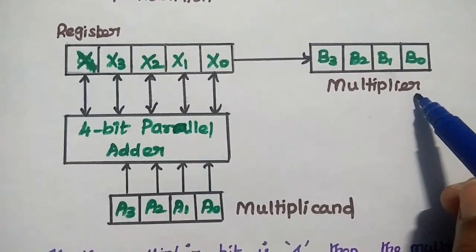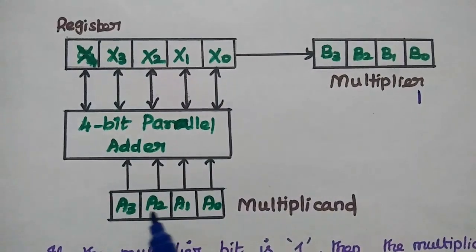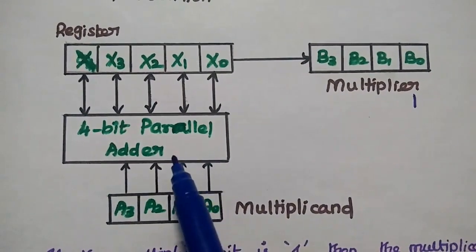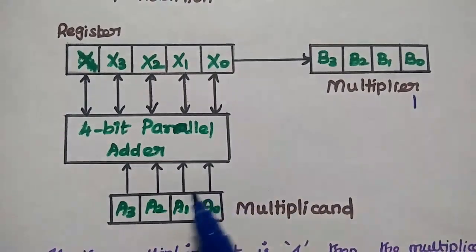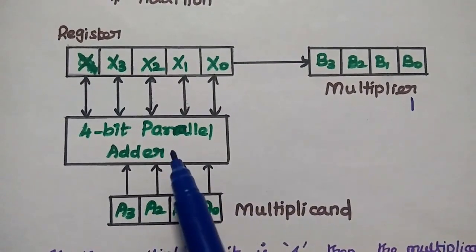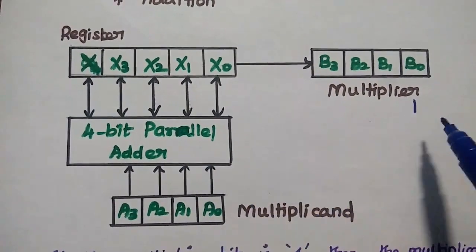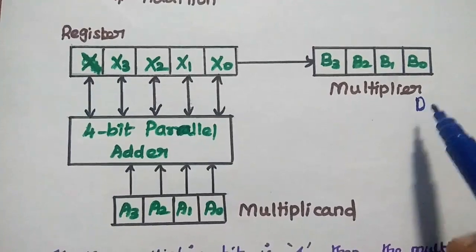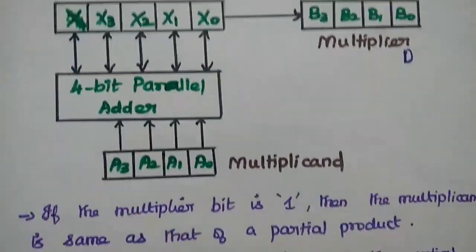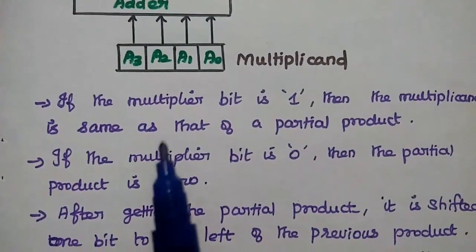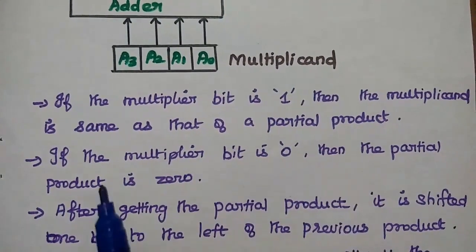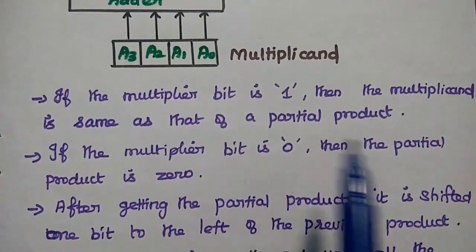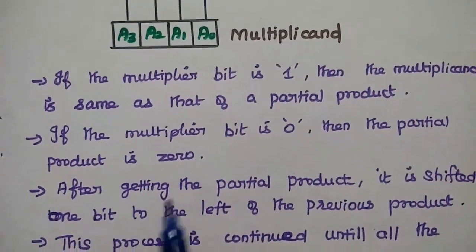Here, if the multiplier bit is 1, whatever values are stored in the multiplicand register, that is the A register, we can keep the values as such. 1 multiplied with the multiplicand gives the same multiplicand as the partial product. If the bit of the multiplier is 0, all the terms become 0. That's what is given here.